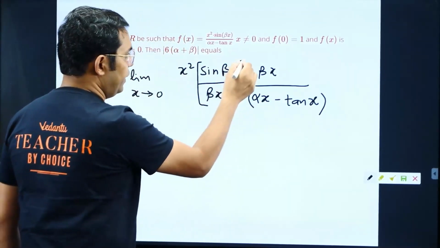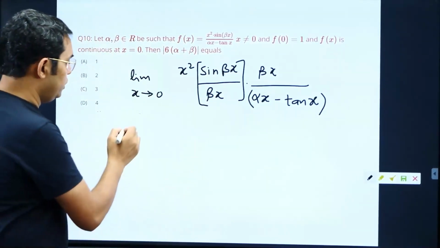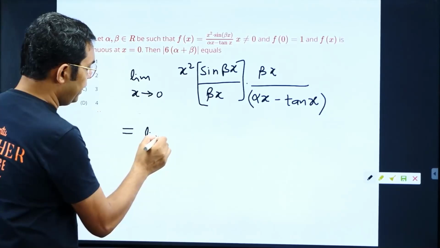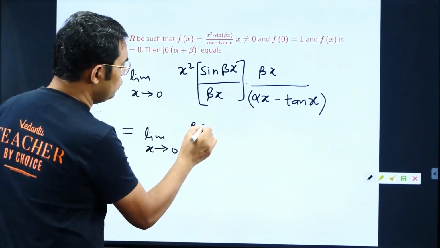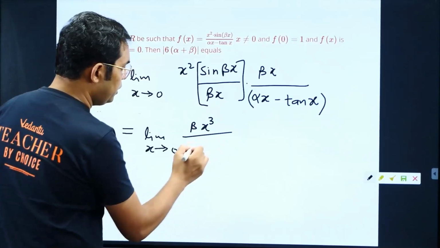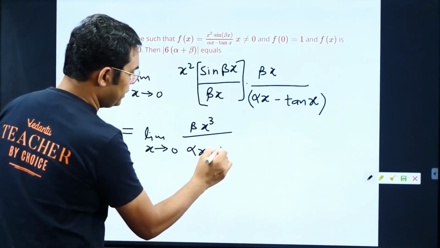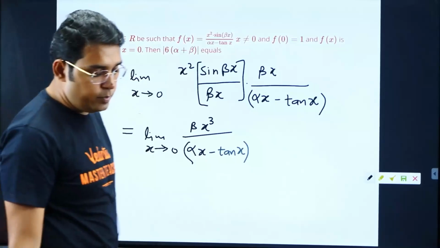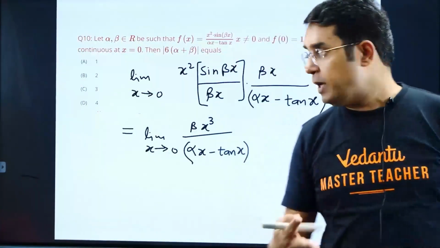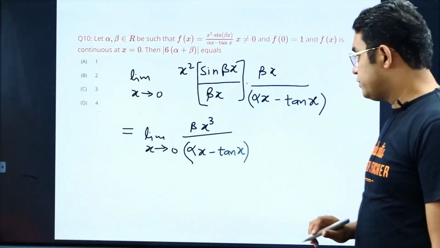This we know is 1, we can put it 1 here. So this is actually equal to limit x approaches to 0 of beta x cube upon alpha x minus tan x. Okay, now you can use L'Hospital rule, or you can use expansion, to solve this further.